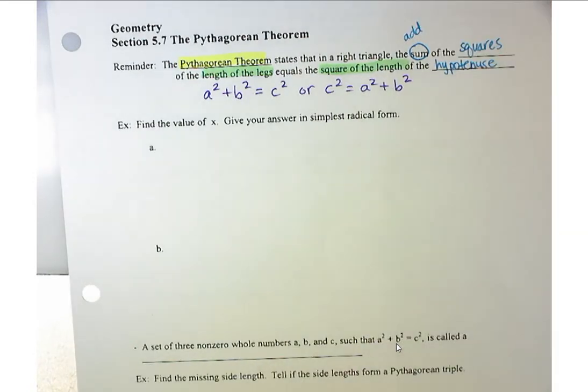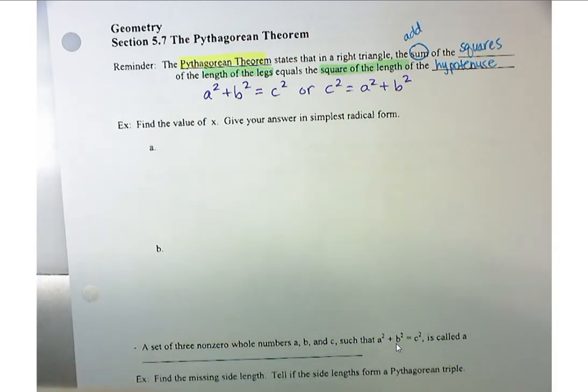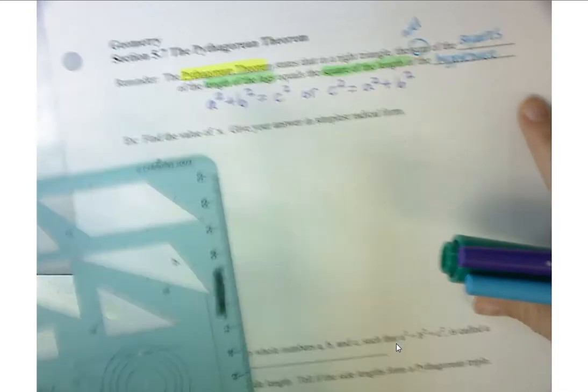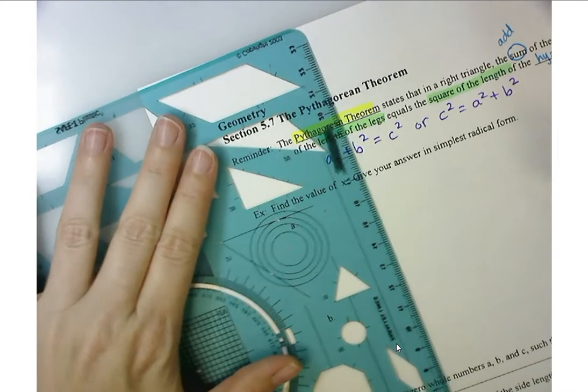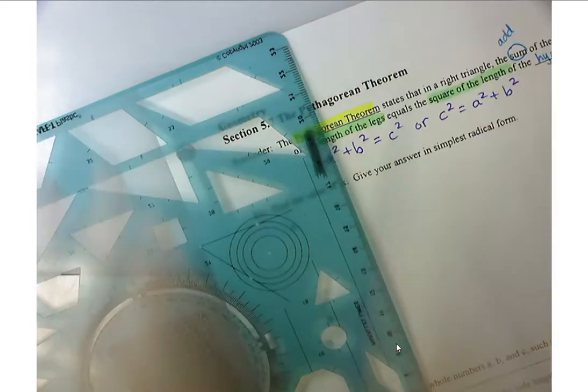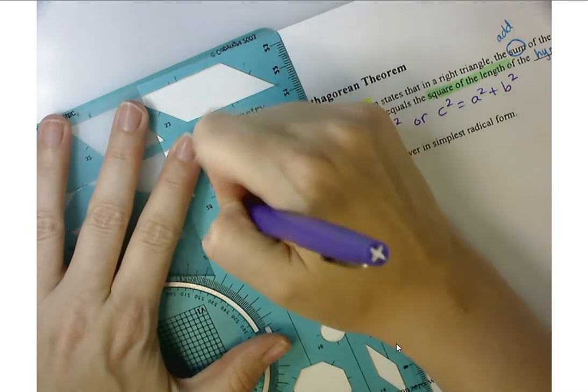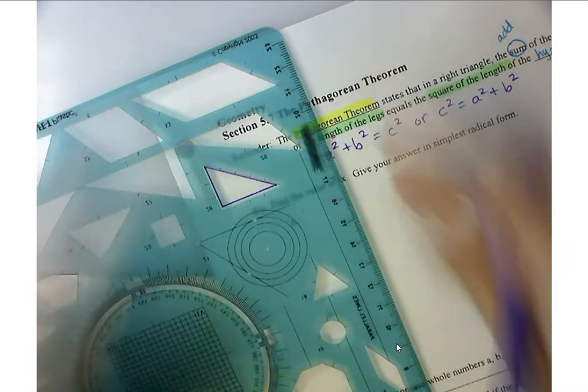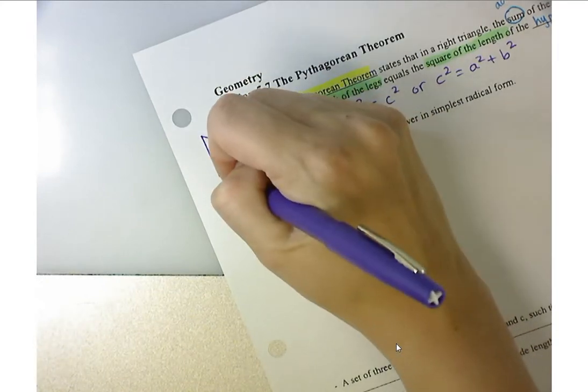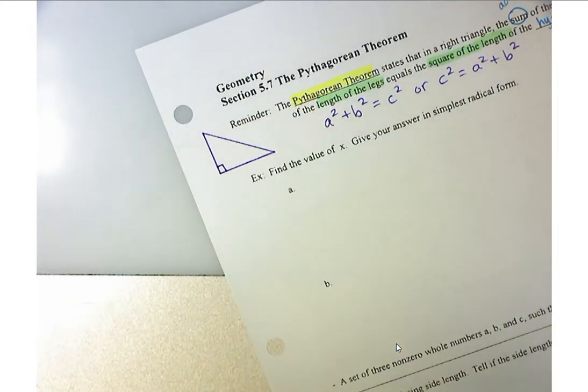All right, so the Pythagorean theorem can only be used in this type of triangle. What is it? A right triangle. Great. I'm going to use my cool stencil to draw my right triangle. I want you guys to draw a right triangle too. Again, it has to be a right triangle.